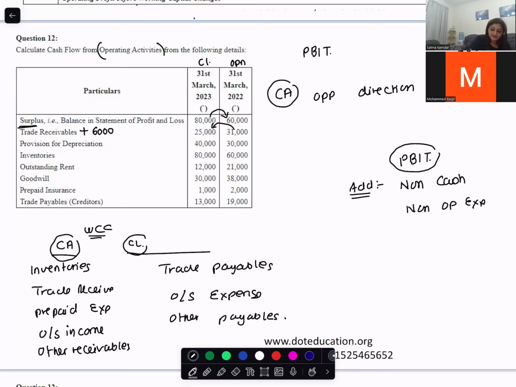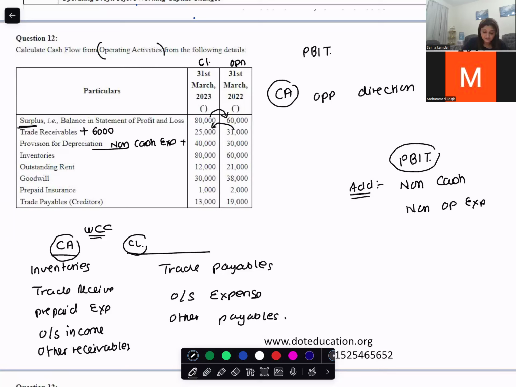Depreciation is a non-cash expense. So you will add it. We'll add it as a non-cash expense. So this will be added.